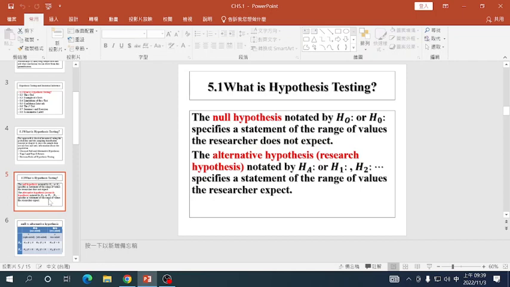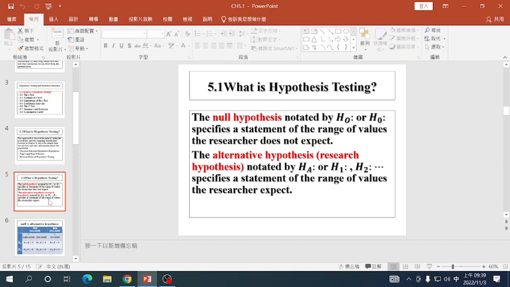So in this case, these 2 are saying that they do have direction. This is positive direction. This is negative direction. And this one is 2 directions, either positive or negative.